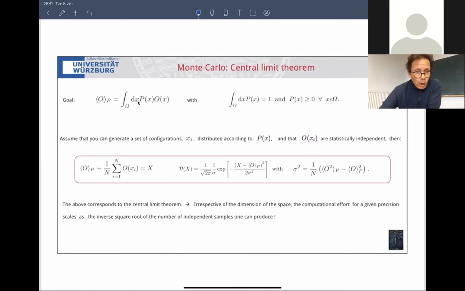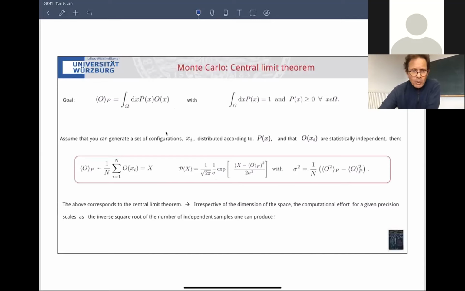And the goal is to be able to evaluate expectation values of an operator with respect to this probability distribution. And that's basically the integral over the configurations, the probability of a configuration times the value of the operator or the function for this given configuration.